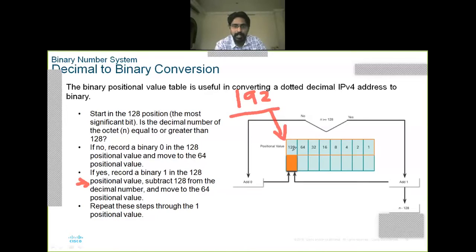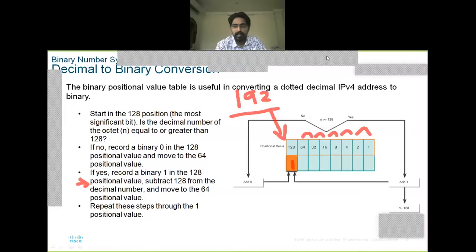Yes, it is greater than 128, so record 1 in the binary. If it is not greater than or equal to, record 0. This is the way. Repeat the same steps until you reach the end.